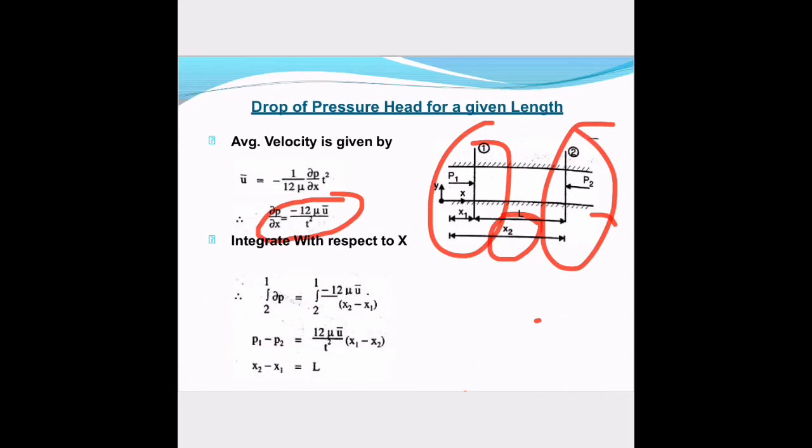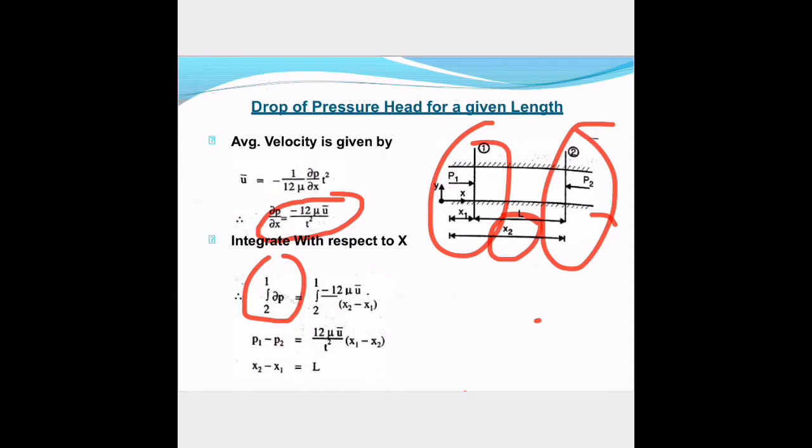If you integrate this equation you have to consider a limit from 1 to 2, or you can take 2 to 1. We are measuring the heads with pressure drop between the two cross sections, not for the whole pipe flow. So we have taken this limit as 2 to 1. After that you have to integrate del P by del x.